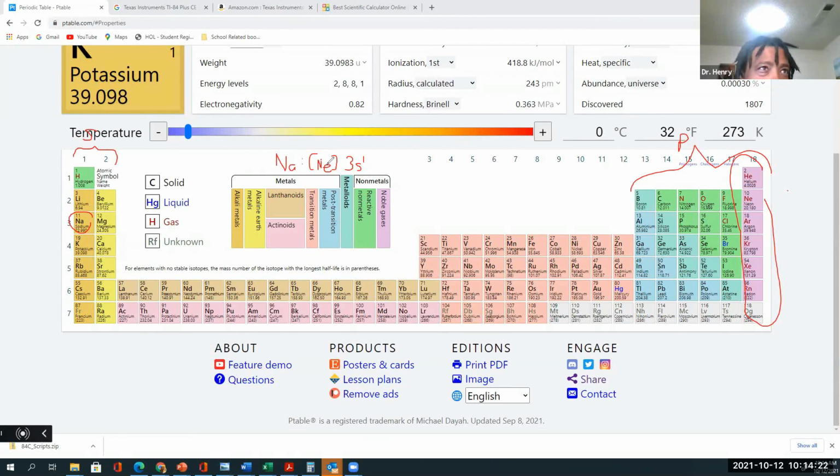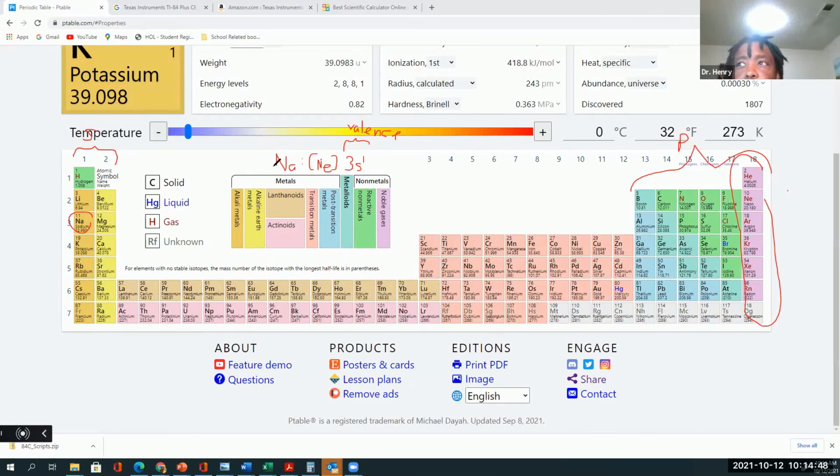That's why we put it in that core, right? So this would be the valence electron. It could use it to give away, to share, or to take. It's going to use this one to give away because it just needs to get rid of one electron to be exactly like neon.